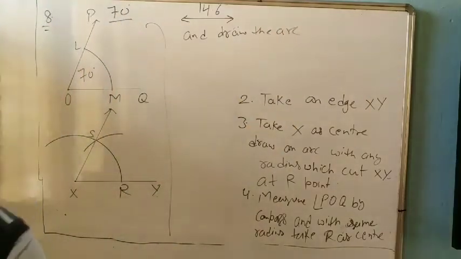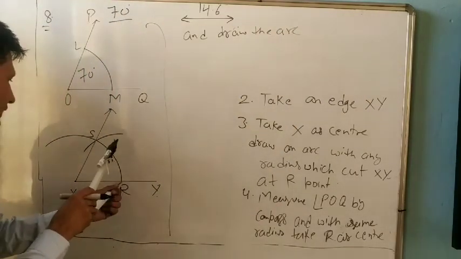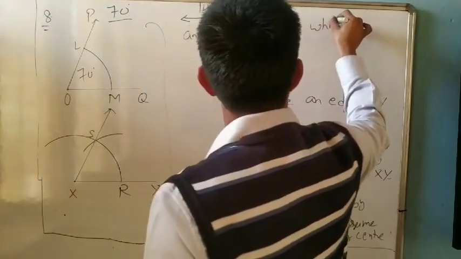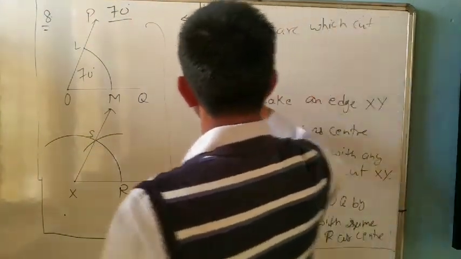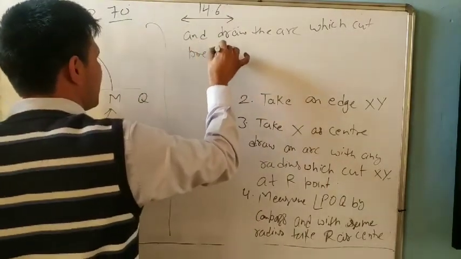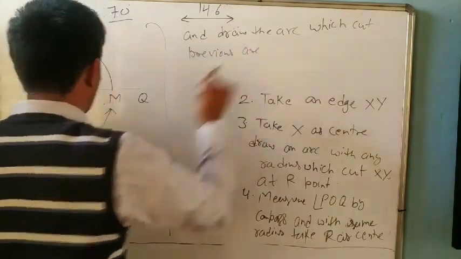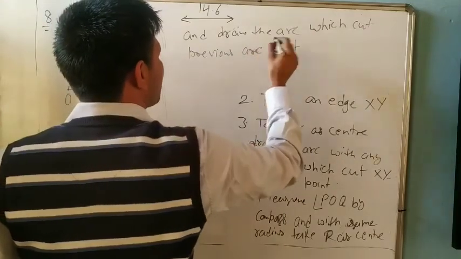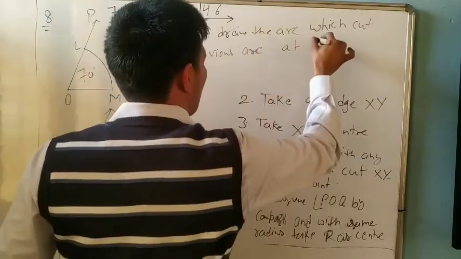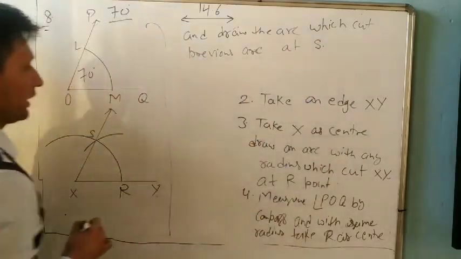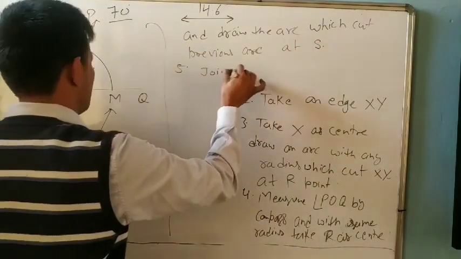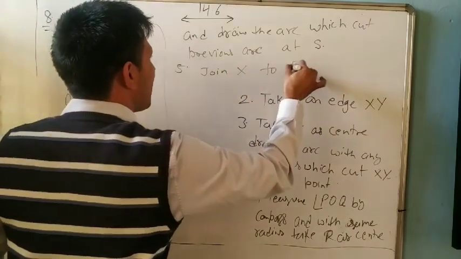We take R as center and cut the previous arc at S. Understand? And the fifth step: join X to S.